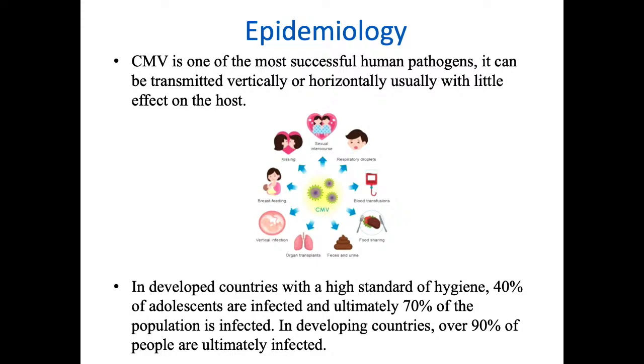But CMV is transmitted in different ways: through saliva, through sexual intercourse, from mother to child, and also through blood transfusions and transplantations.